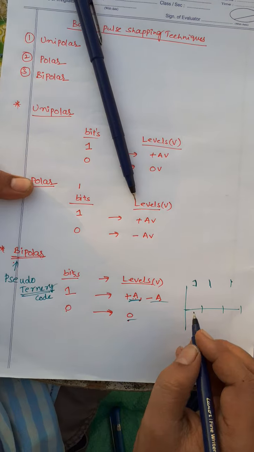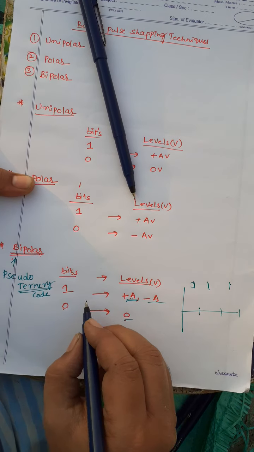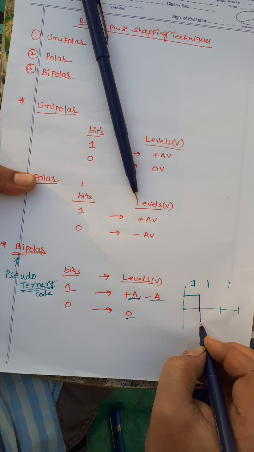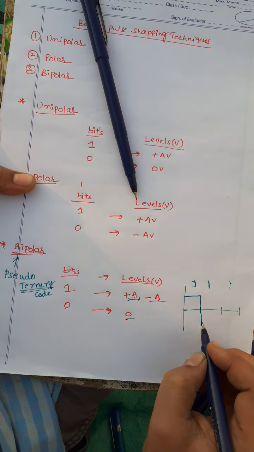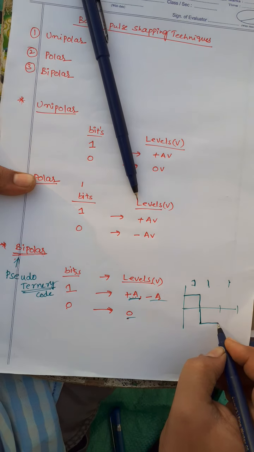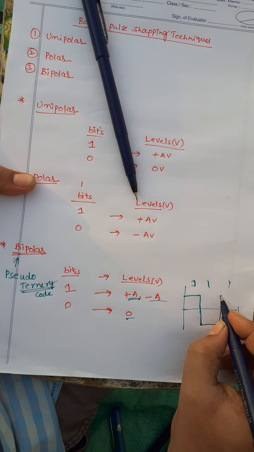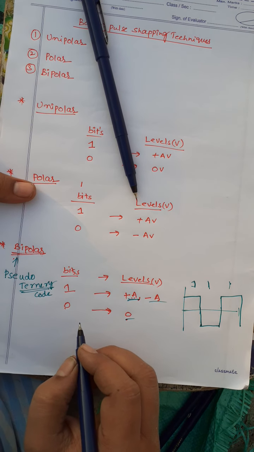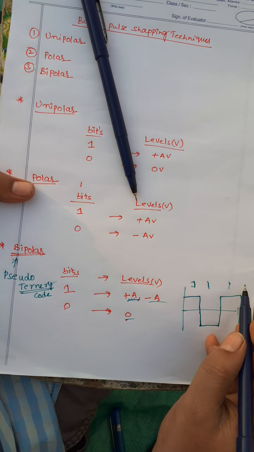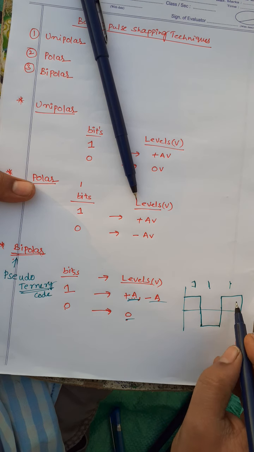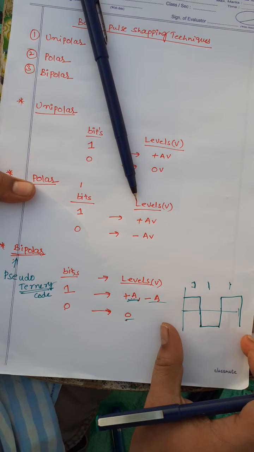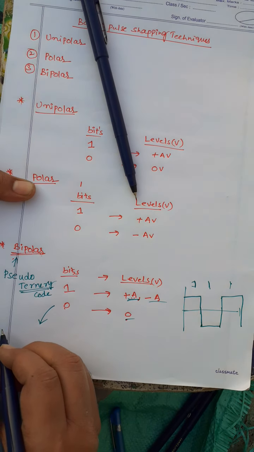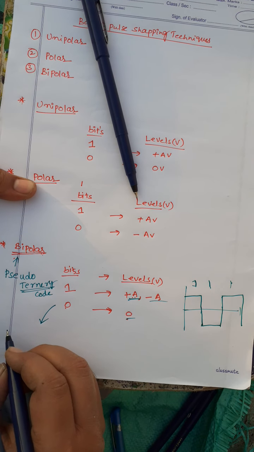Now the first 1 will be represented by plus A. Next, the alternate 1 is represented by minus A, and the next 1 is represented by plus A, right? So here the bit 1 is marked alternately as plus A and minus A. So this method is also called the alternate mark inversion method.